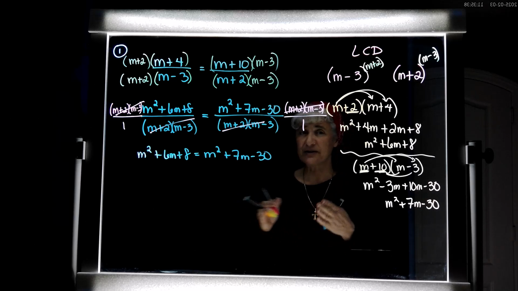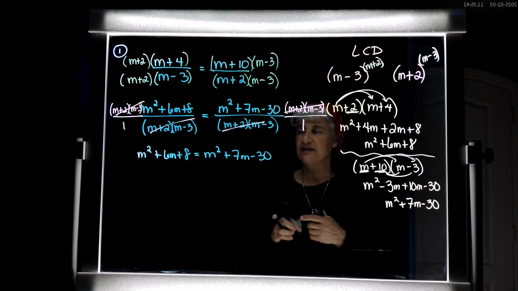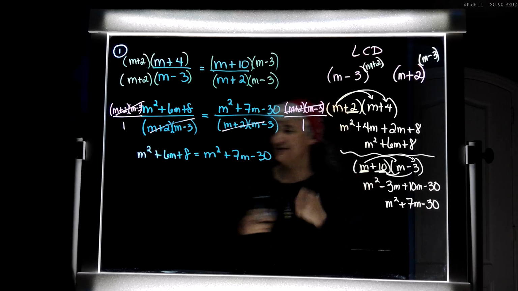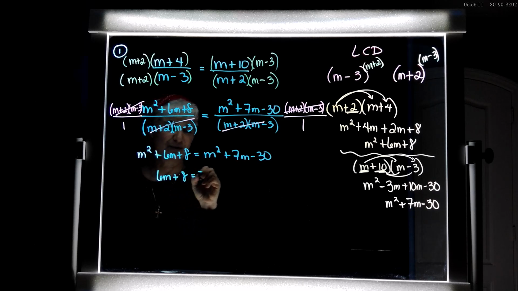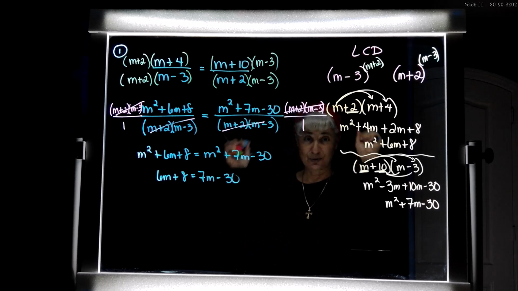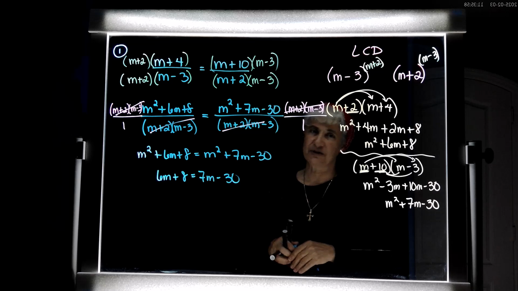And when I get the m squares on the same side, let's put them on the left, I'm noticing that I have to subtract it over, and it cancels. So because it cancels out, I am left with an even nicer equation to deal with. Woohoo! We can handle this. This is a piece of cake for us.